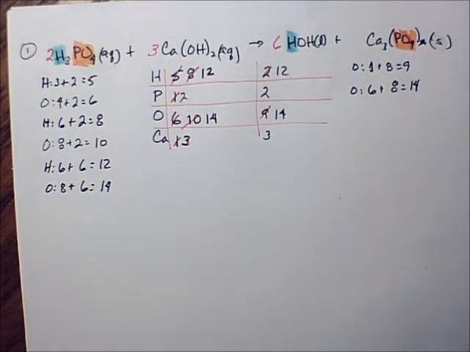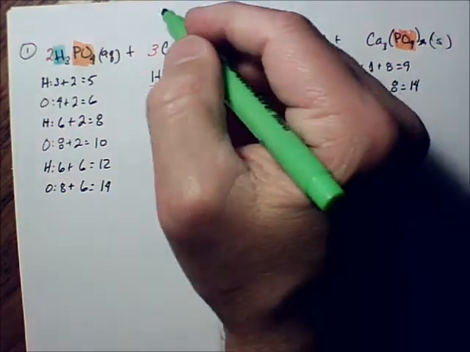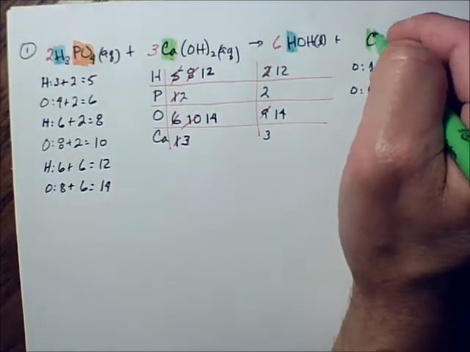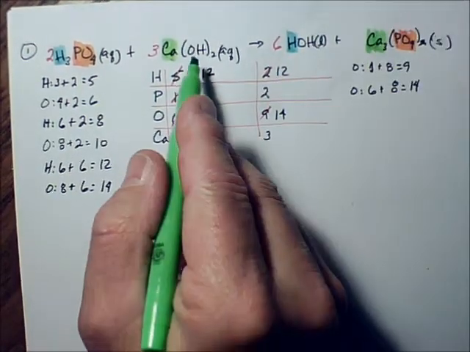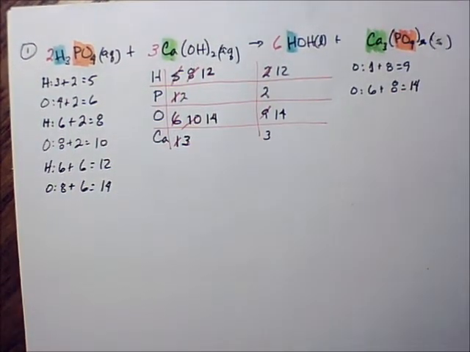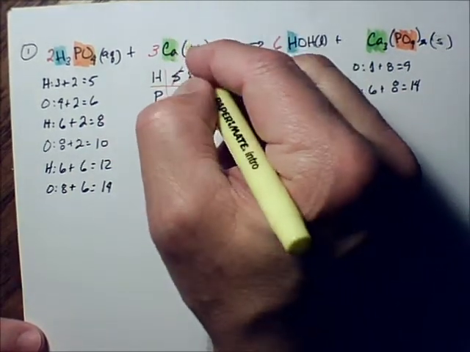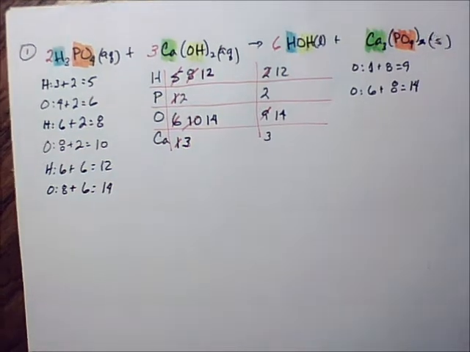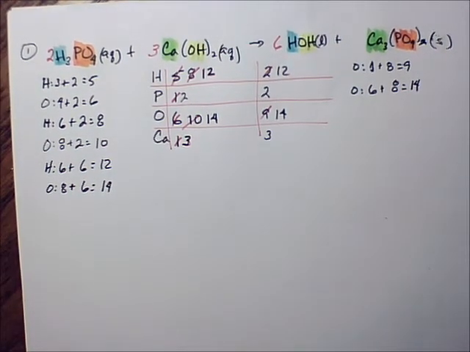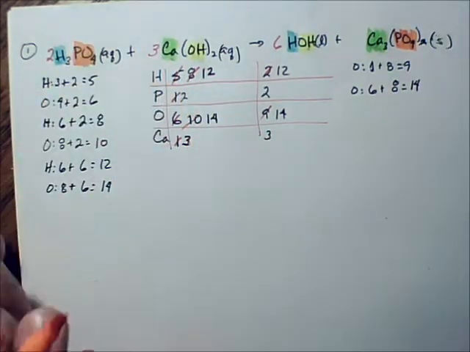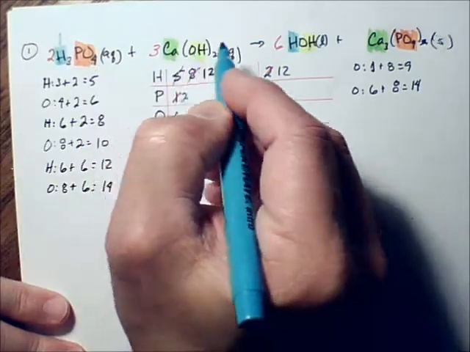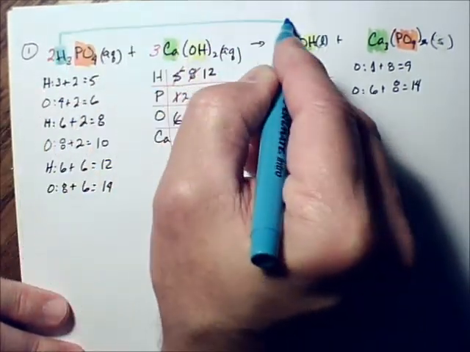We have a calcium here, which ends up over here with the phosphate, and then we have a hydroxide here that ends up over here in the water. One of the reasons I write water like HOH in these kinds of equations is so that you can see where they're going. So the front part of this ends up with the back part of that over here, right?